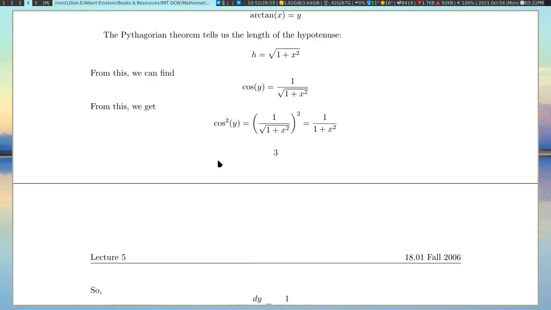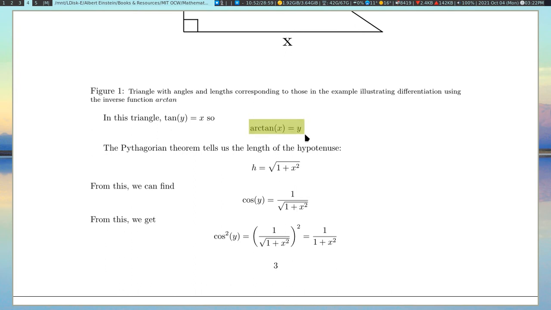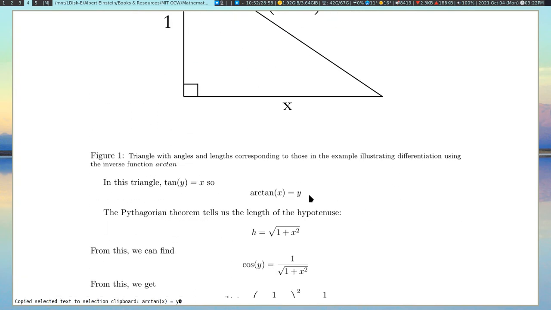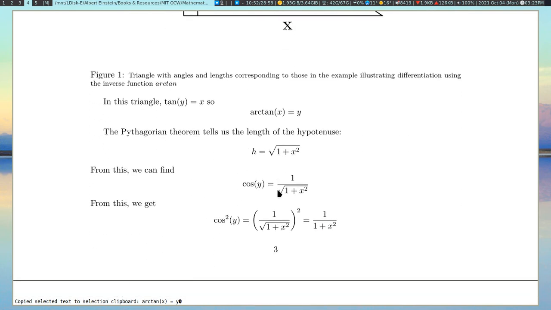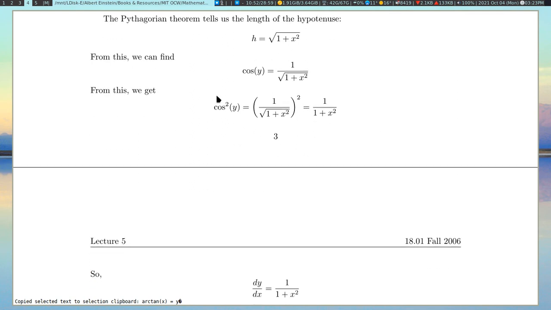So what he did here was basically you have the arctangent. You get something for the hypotenuse. The hypotenuse is equal to root over 1 plus x squared, of course. Then we say, okay, cosine of y is equal to 1 over root over 1 plus x squared, base over hypotenuse. You find cos squared of y.